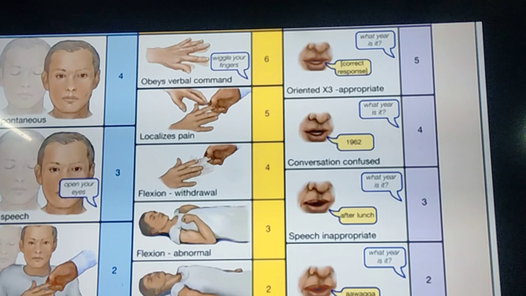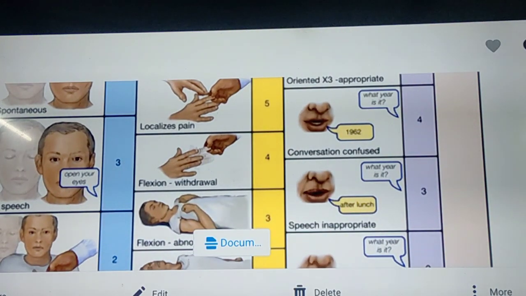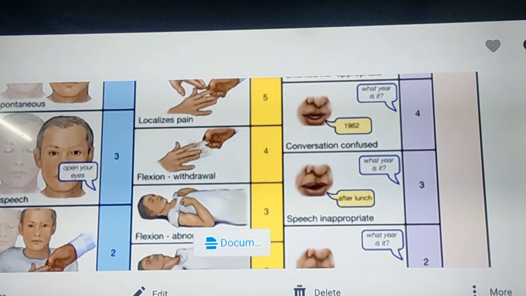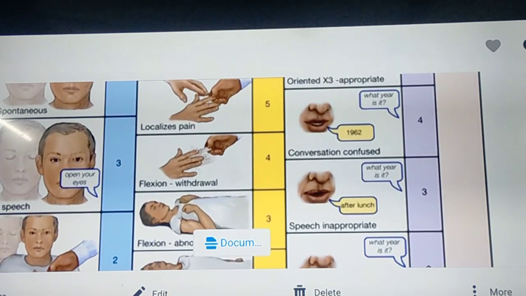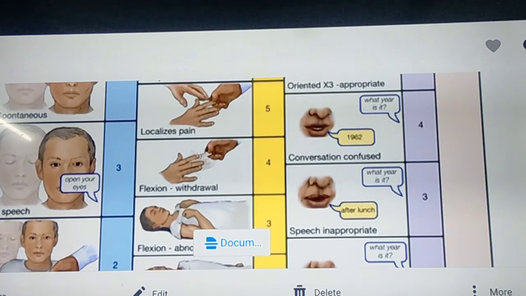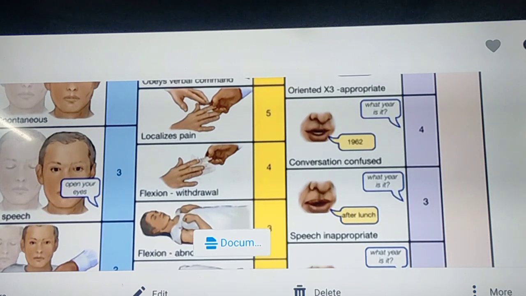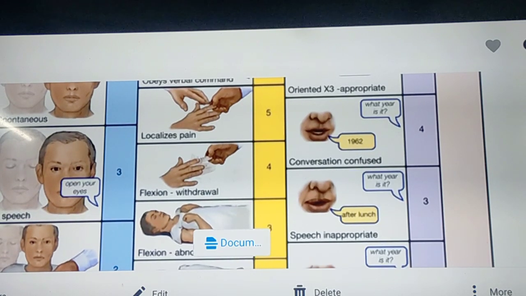Then one more is when the patient is intubated, endotracheal intubation is there, then that time also we cannot assess. So what we will write, we will write E4 or E3, whatever we have got for the eye response, and for V we will write ET. ET stands for endotracheal tube. Okay, so we will not write V1, we will write VET.